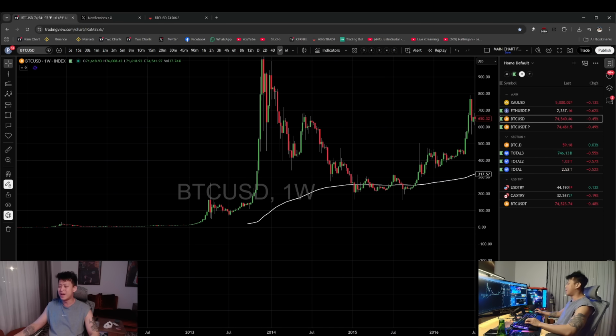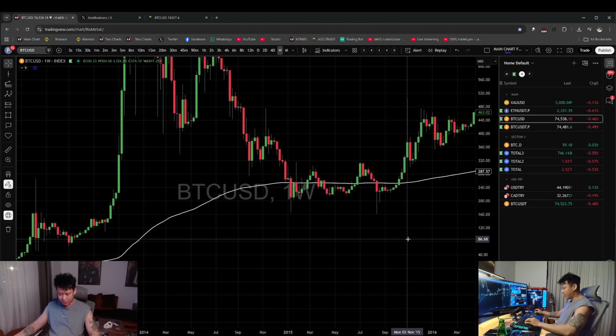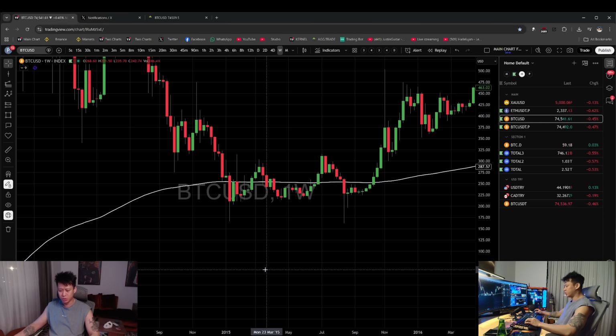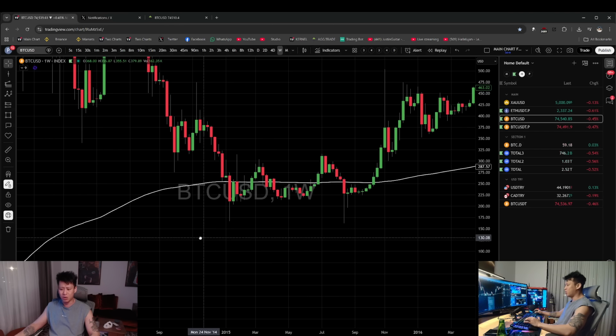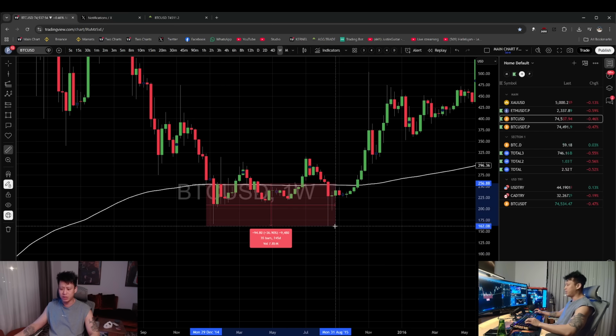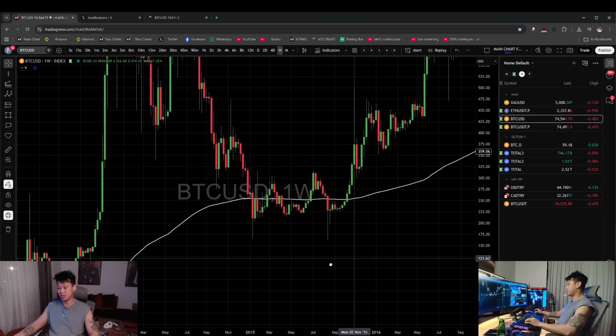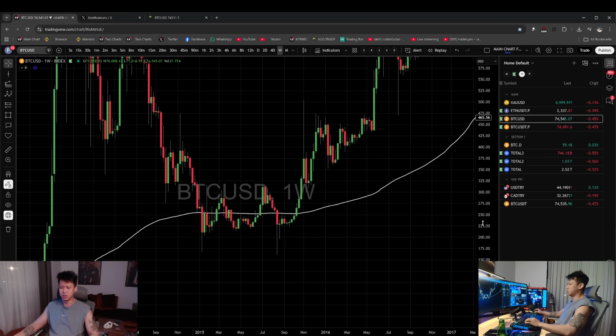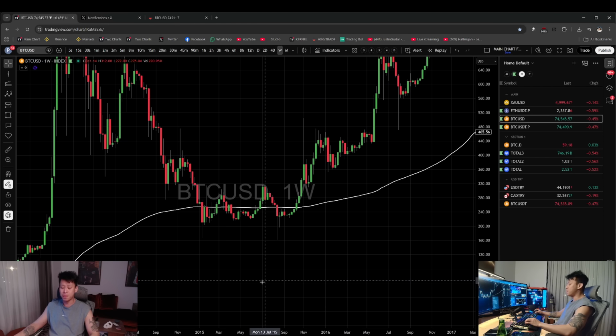You can see that in the bear market, the very first one we've ever seen, which was in 2015, after we hit the moving average, we eventually still dipped down a tremendous amount, literally 36%. Okay, that's a huge amount. So with conviction, we can say that in the first bear market, we've actually dipped below it.